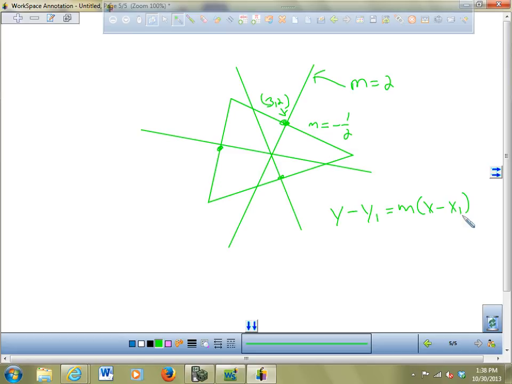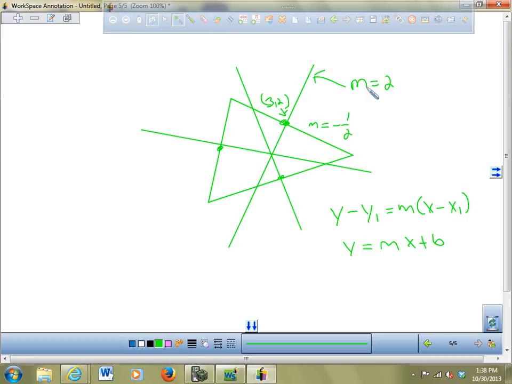Have you guys seen this before? Or you can use slope-intercept form, y equals mx plus b. Remember that? So now you plug this point and this slope into either of those forms to come up with the equation of the line.